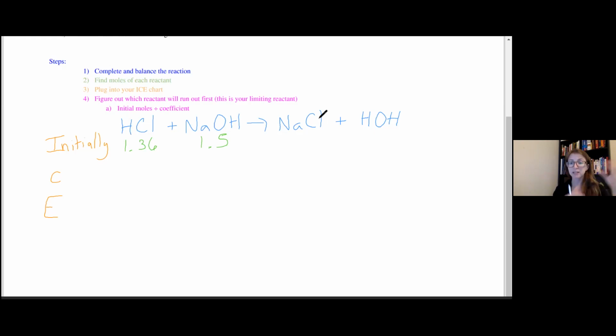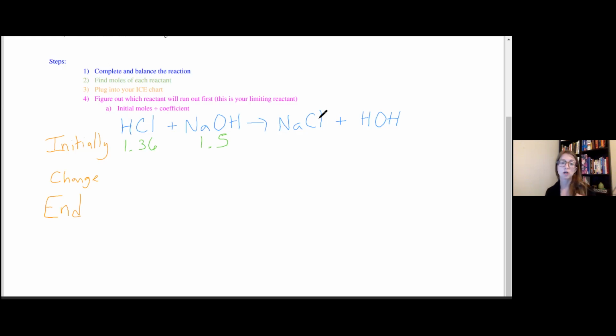And as they react, as we use up these reactants, the amount that we have of them available to us changes. And we'll keep changing how much we have available because we keep turning this HCl and NaOH into something else, into the salt and the water. Eventually, though, we'll run out of something and we will end our reaction, and we'll see how much we have at the end.